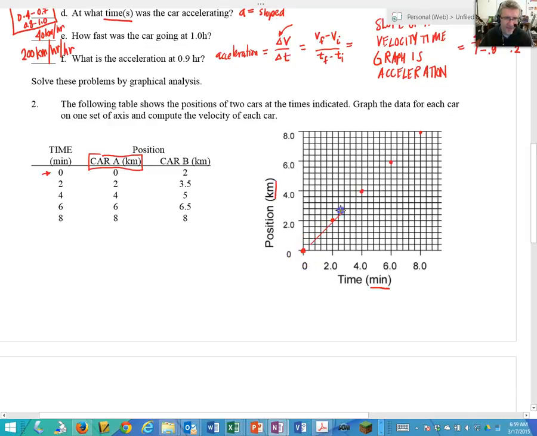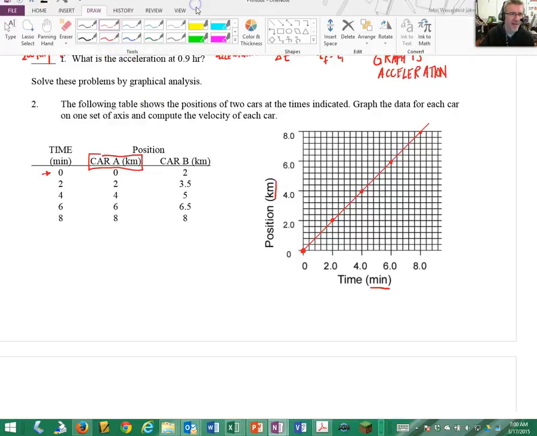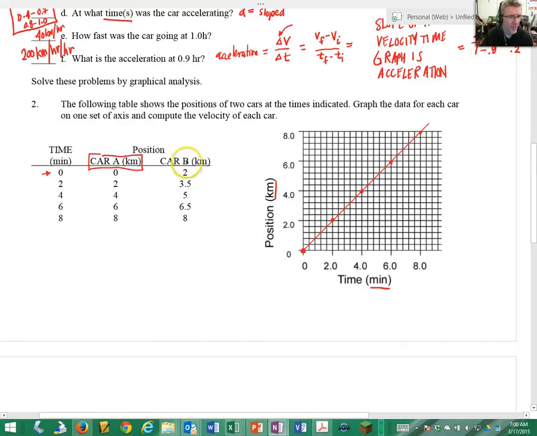So let's just do a straight line here. Okay. Sorry to geek out there a little bit. All right, so now the next one I'm going to draw in blue, car B.